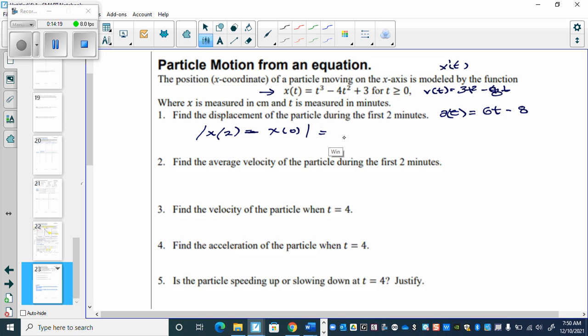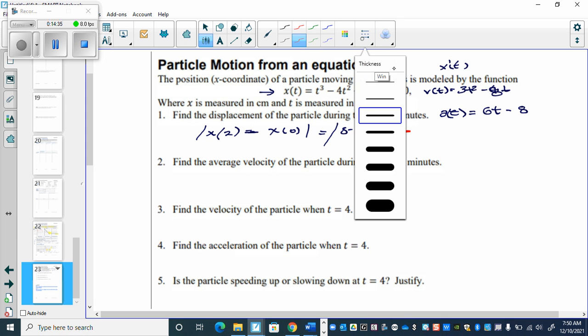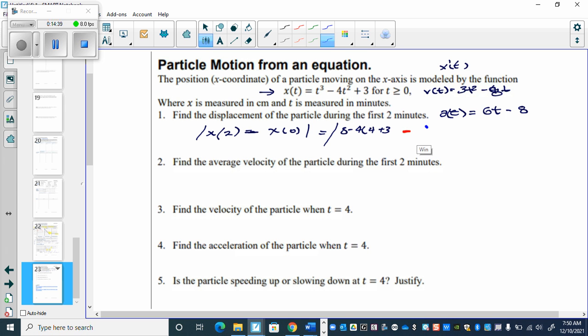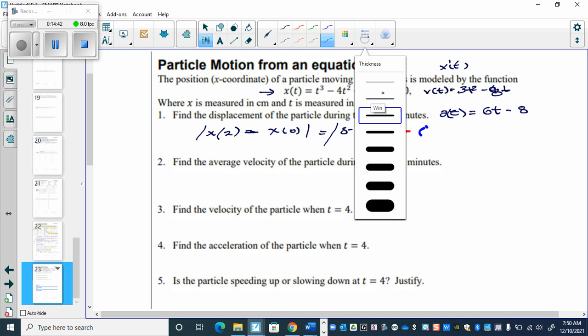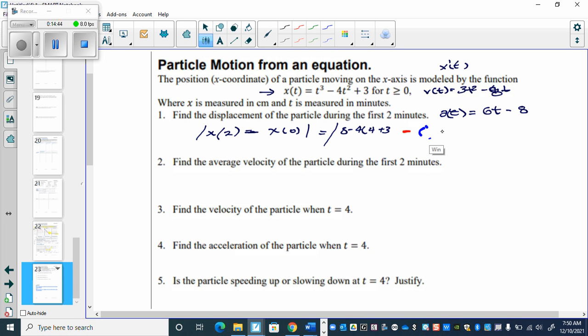So at 2, I have 8 minus 4 times 4 plus 3, and then minus the position at 0, not the velocity.